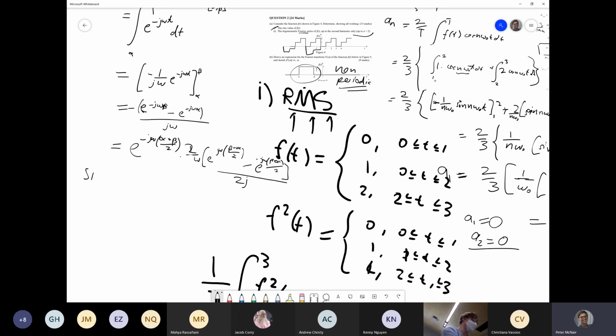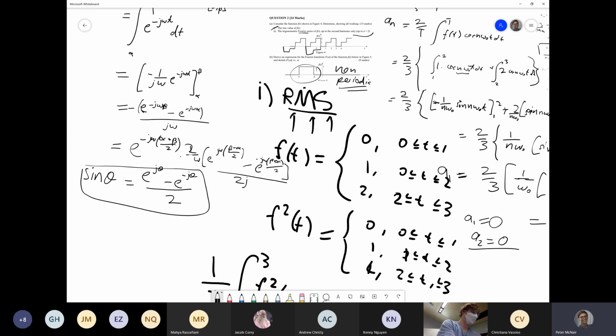So remember, sine of some theta is equal to e to the j theta minus e to the minus j theta on 2. So a common thing that we do when we get a sum or difference of two exponentials is to pull out something so that we can get an expression of this form.